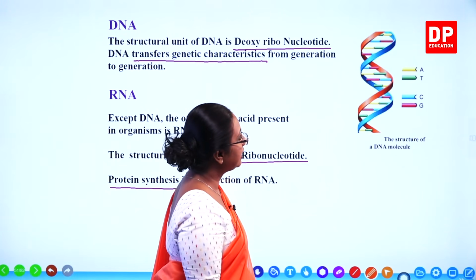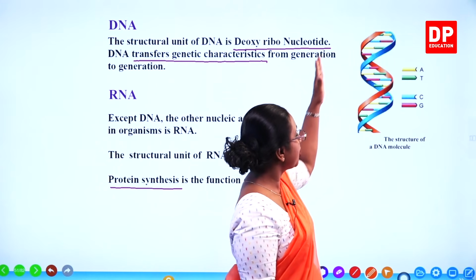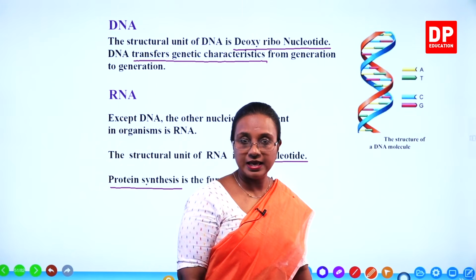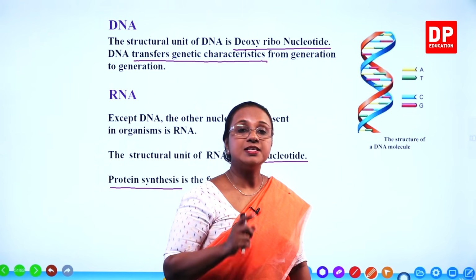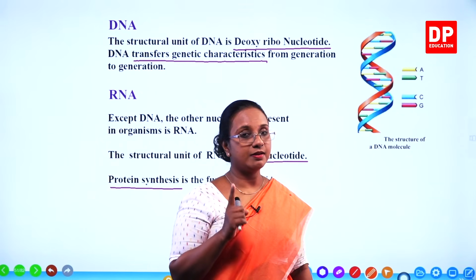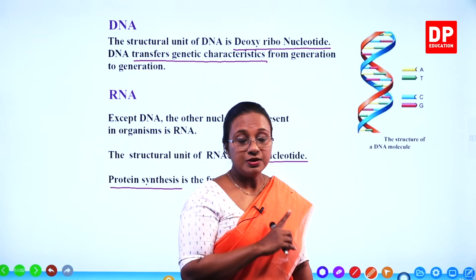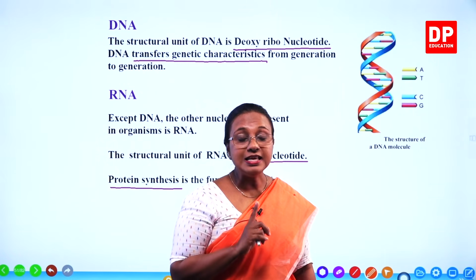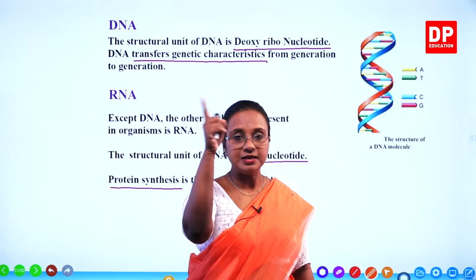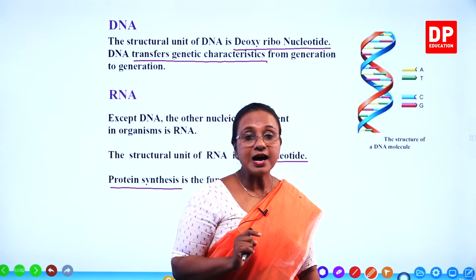Also, you can see here, this is the structure of a DNA molecule. As we discussed before, if you can remember, students, nucleic acids are linear polymers. Linear means it's like a line.